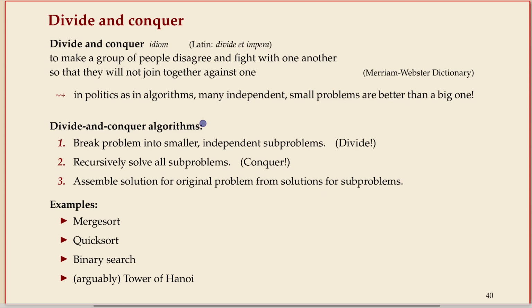For us, in algorithms, divide and conquer really just means this rough, vague principle of breaking a larger problem that we're trying to solve into smaller independent subproblems. I think the important bit here is that many algorithms somehow break a problem into smaller parts. For divide and conquer, what we stress is that these are independent problems that you can solve independently.